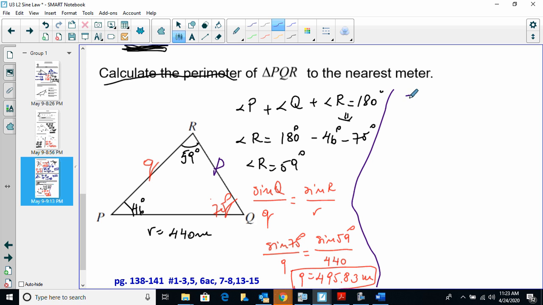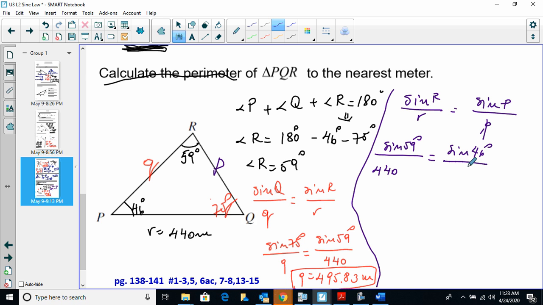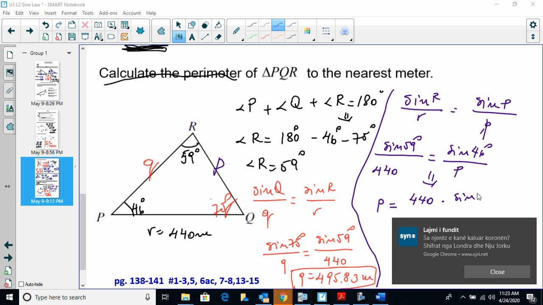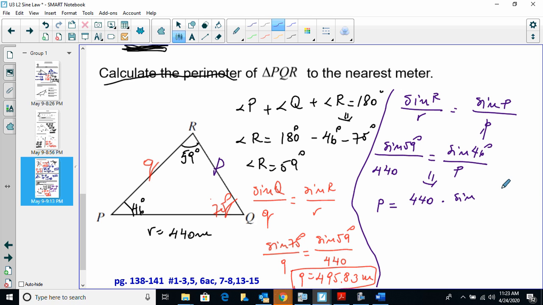So I will say sine R over r is equal to sine P over p. So sine 59 over 440 equals sine 46 over p. From here, p will be 440 times sine 46 over sine 59.